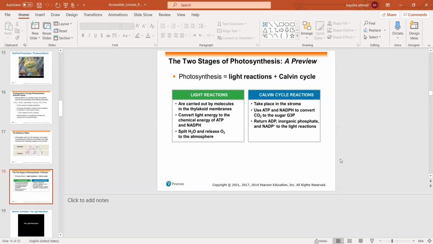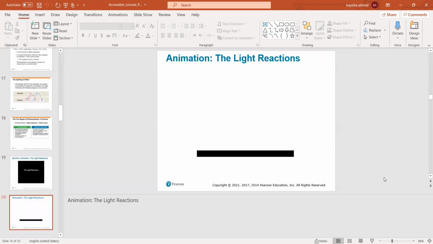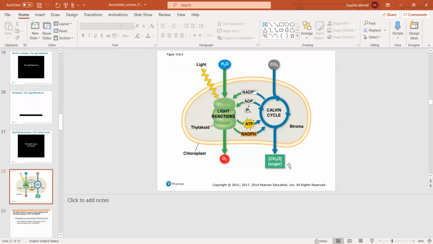The figure indicates that the thylakoids of the chloroplast are the site of the light reactions, while the Calvin cycle occurs in the stroma.